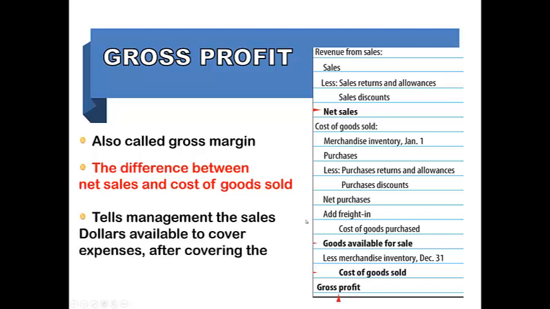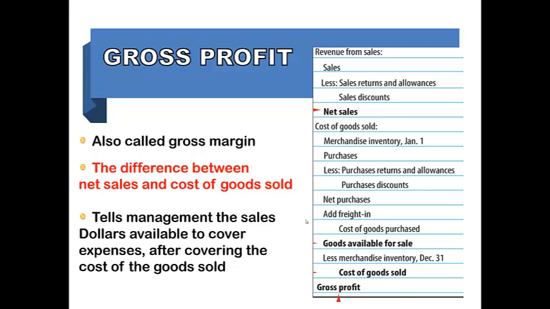Okay, now this purchases account, purchase discounts, purchase returns, freight in, is going to help us to calculate gross profit. Gross profit or gross margin is really important because it tells the owner or the manager of the company how much they have in sales dollars to cover all their other expenses.